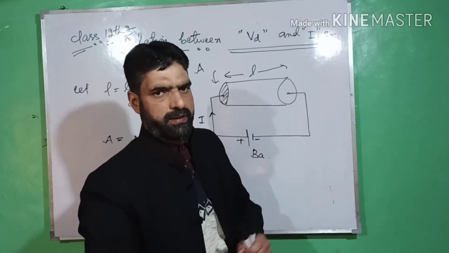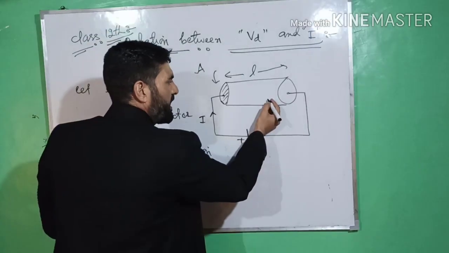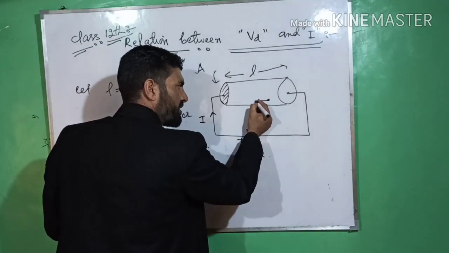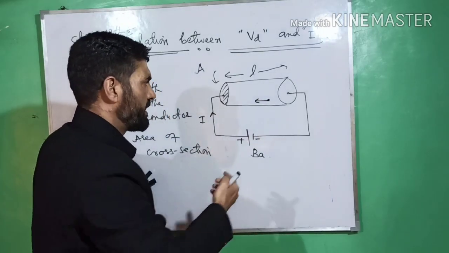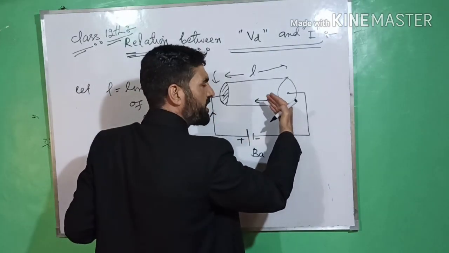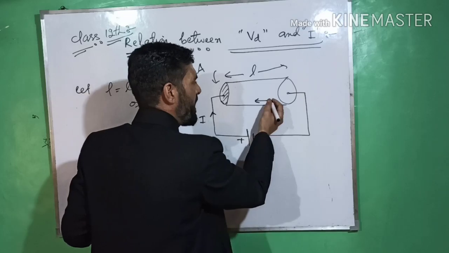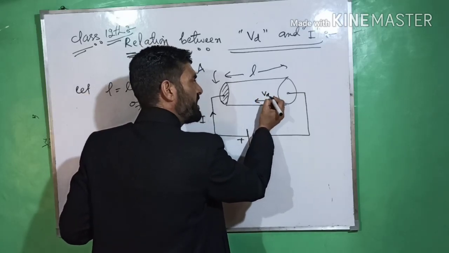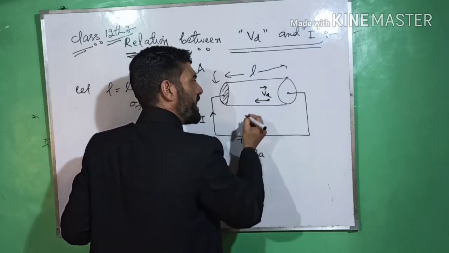But we have already derived the expression for drift velocity of electrons: electrons get drifted, they move towards the positive of the battery with the velocity Vd, known as drift velocity.